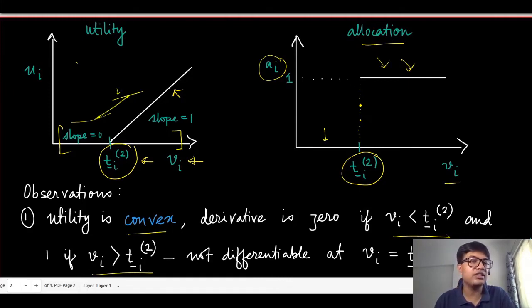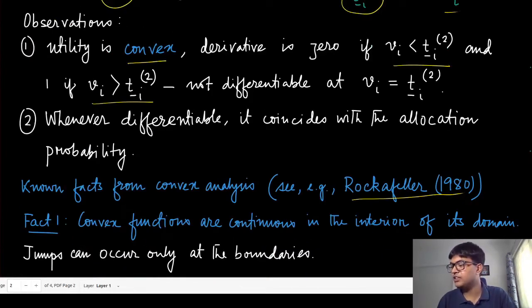So whenever you have jumps, you are certain that that is not going to be a convex function inside its domain. But this property does not hold at the end. So at the last point there could be some jump. So you can have functions which go all the way till this point, and at the final point there is a certain jump. So that is clearly convex. So for convex functions, it is known that they are going to be continuous in the interior of their domain.